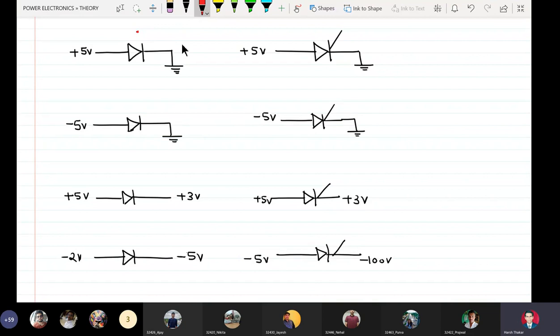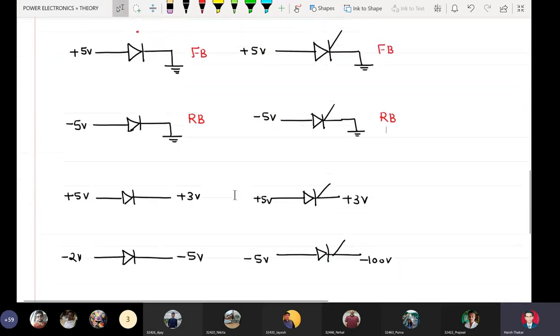Forward bias. Okay, FB. Fine. What about the SCR? FB. Very good. Here, second diode, RB. Second SCR, RB. Okay.